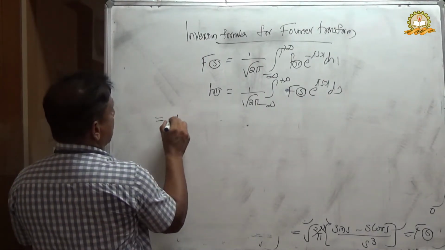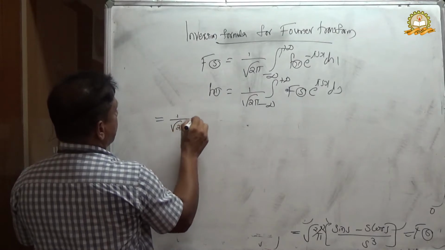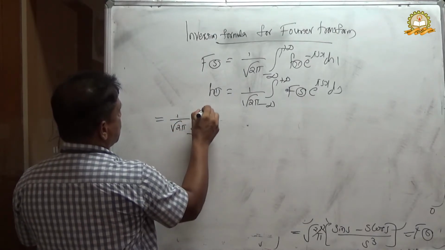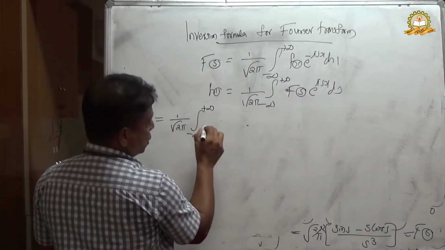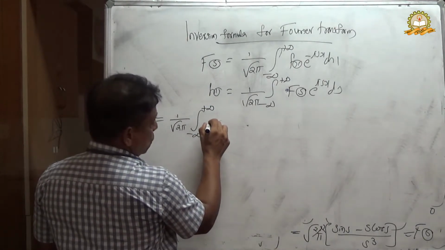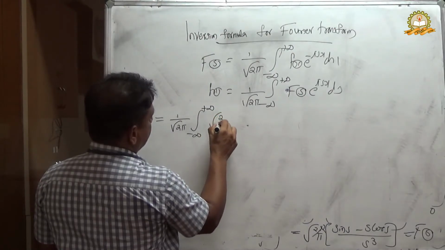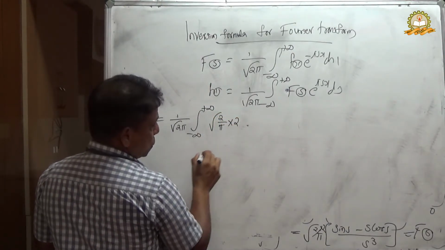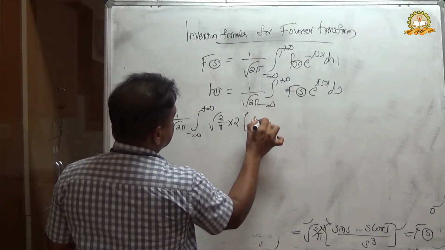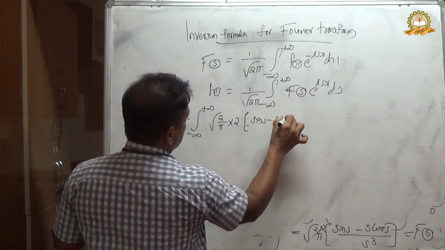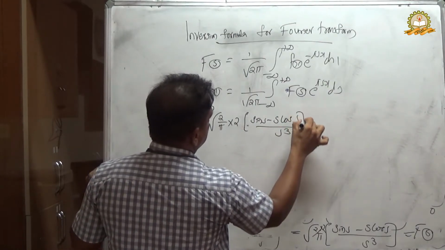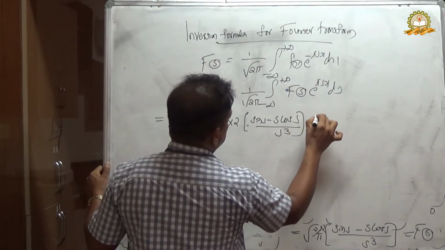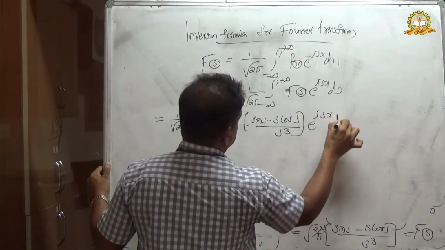1 by root 2 pi integral minus infinity to plus infinity, f of s is equal to root of 2 by pi into 2 sin s minus s cos s by s cube, into e raised to isx ds.